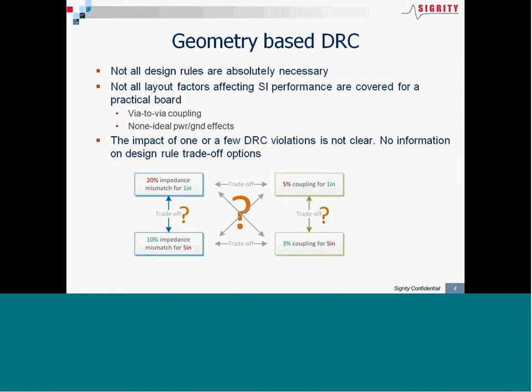On top of that, not all layout factors affecting SI performance are covered for a practical board, for example, the via-to-via coupling and non-ideal power ground effect. The most confusing part is that the impact of one or a few rule violations is not clear, and there's no information available for design rule trade-offs.